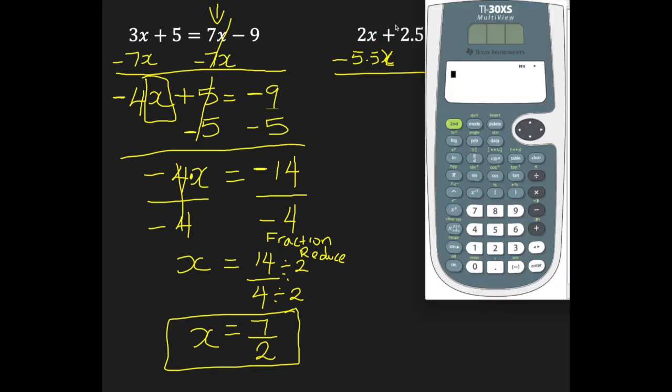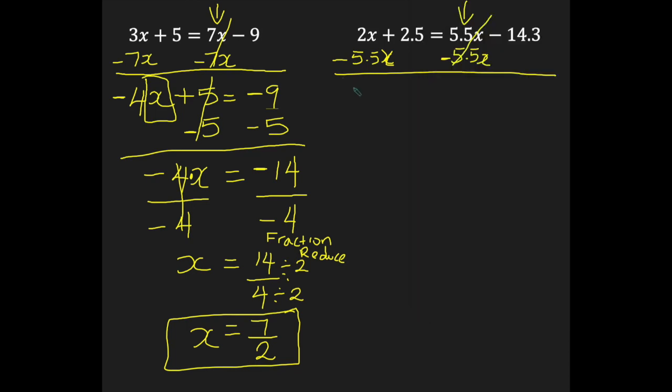Now, in your calculator, you can't put the x. We're just putting the coefficients. So I'm going to put 2, take away 5.5. And that gives me negative 3.5. So here I'm going to put negative 3.5x.